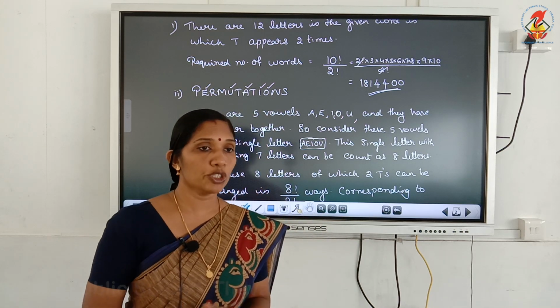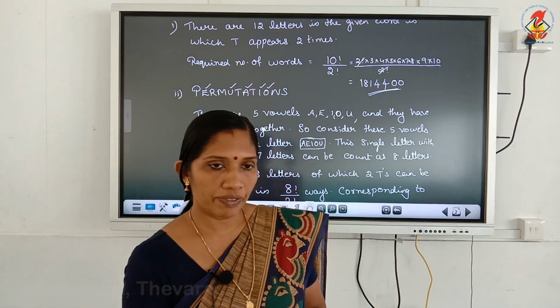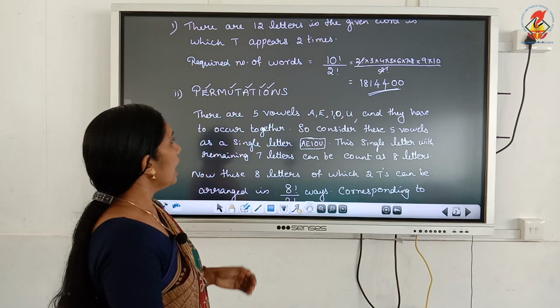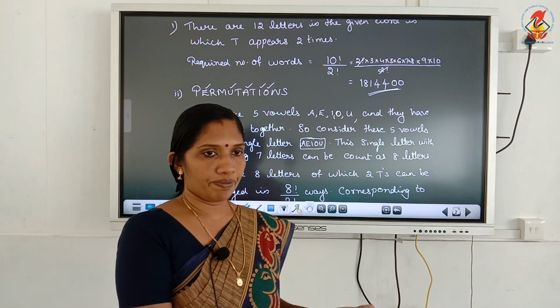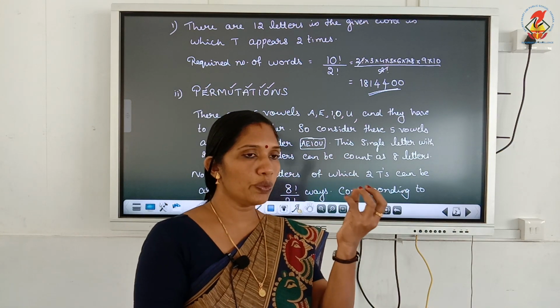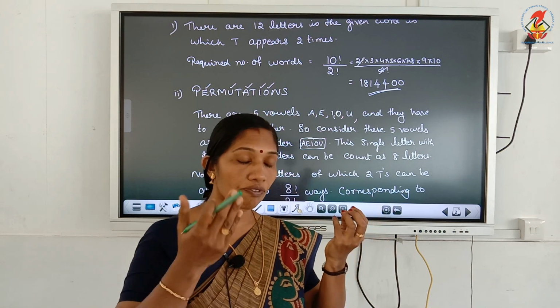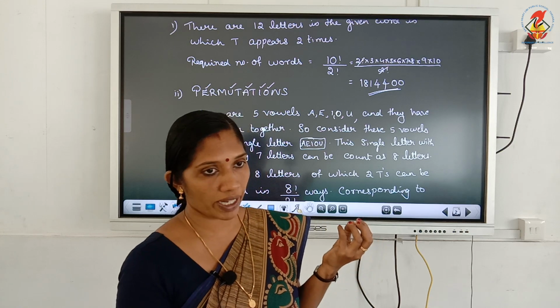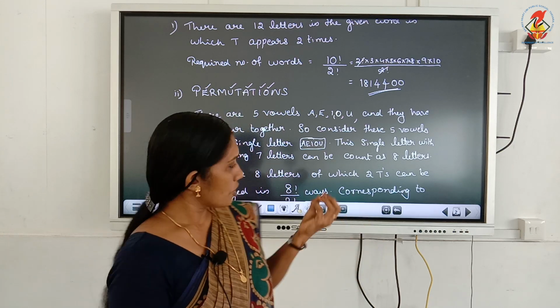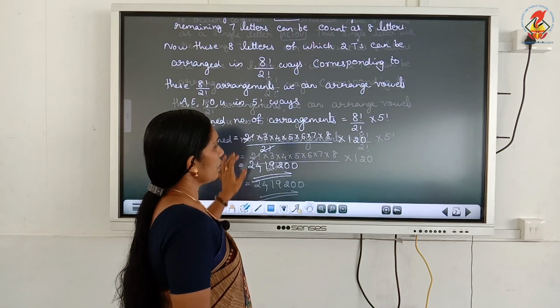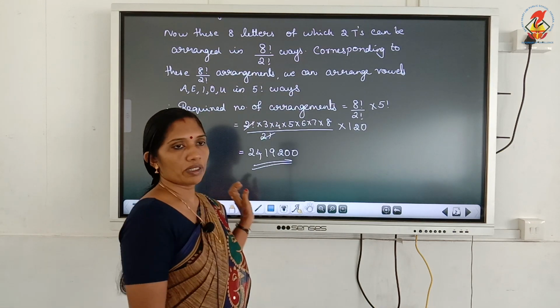All letters we have to use, that's why 8 factorial ways, in which T occurs 2 times, so by 2 factorial. Now what about the vowels? We consider them as a single unit, but there are 5 vowels, and those 5 vowels we can arrange in 5 factorial ways. So the required number of words is 8 factorial by 2 factorial into 5 factorial.